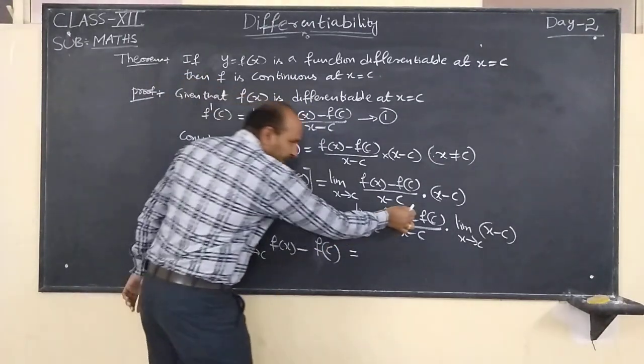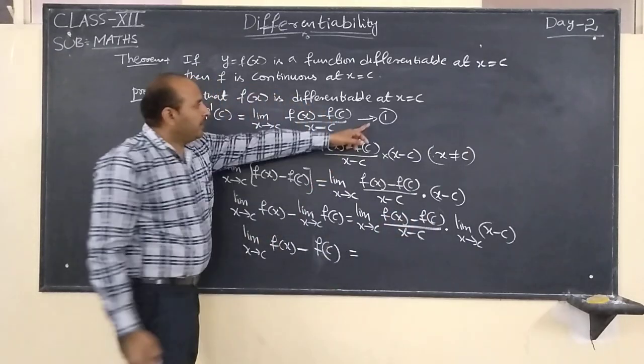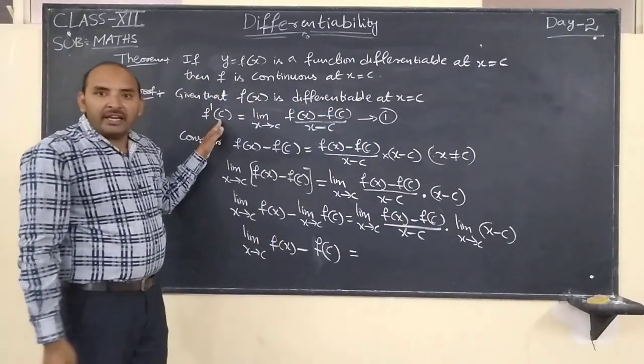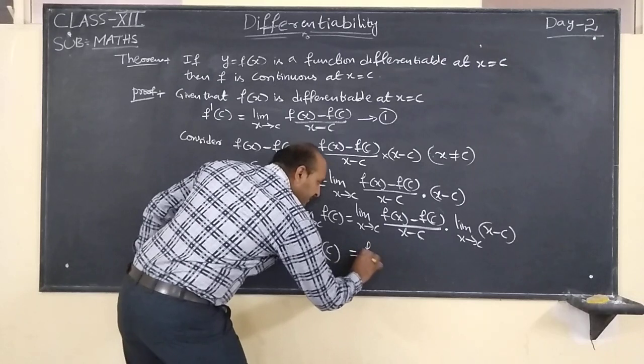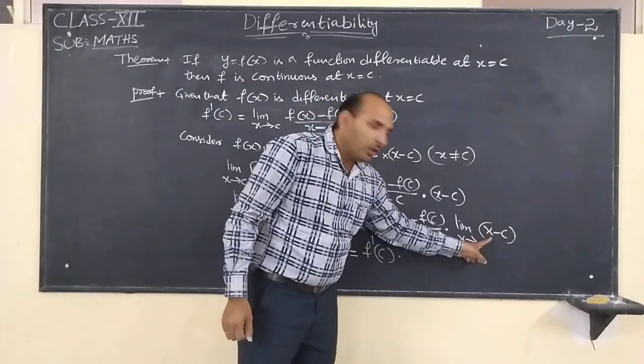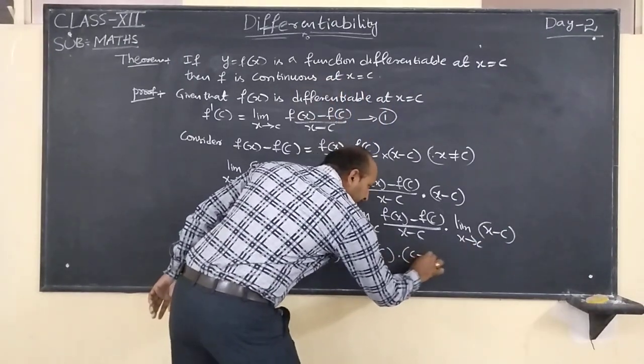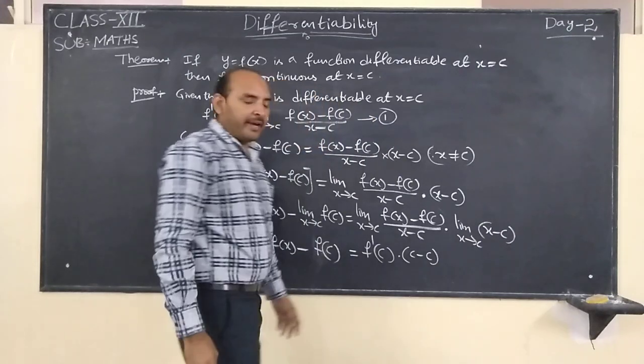So instead of this value, from equation number 1, you can write f dash of c into, now substitute x equal to c here, that is c minus c.